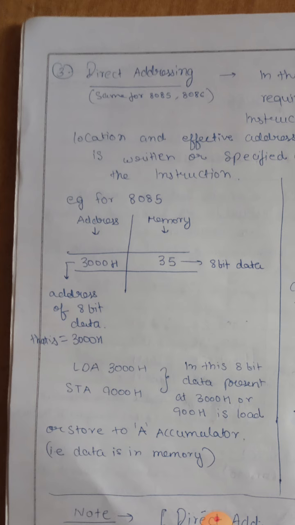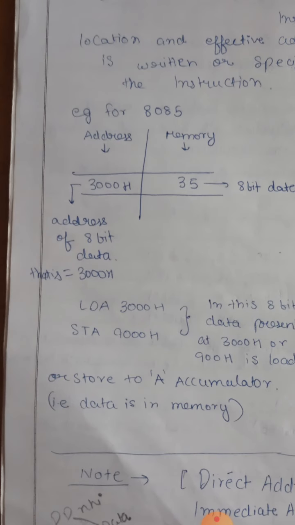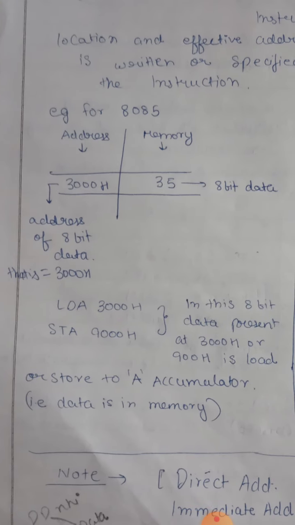Now, for example, LDA 3000H: load the accumulator with the content of 3000H. 3000H is the address, not the data.